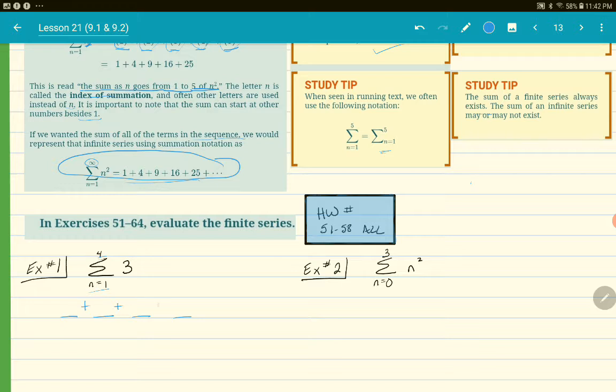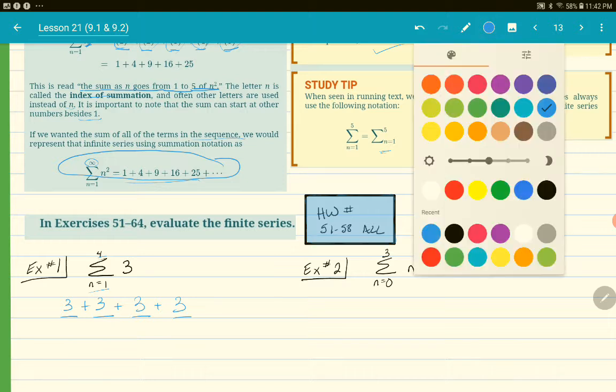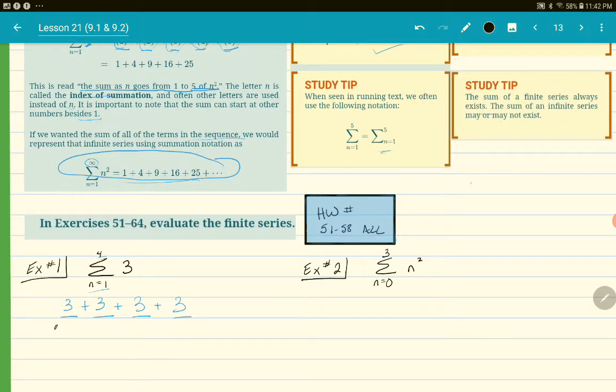1, 2, 3, 4. So when I plug in n equals 1, well, 3 equals 3. When I plug in n equals 2, 3 still equals 3. When I plug in n equals 3, yep, 3 still equals 3. And when I plug in n equals 4, 3 still equals 3.